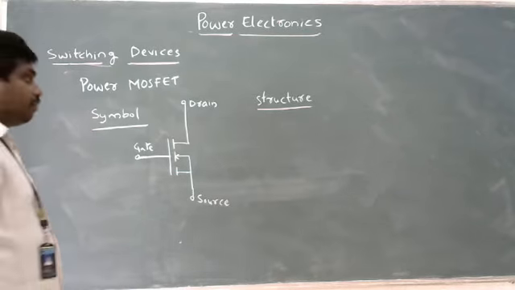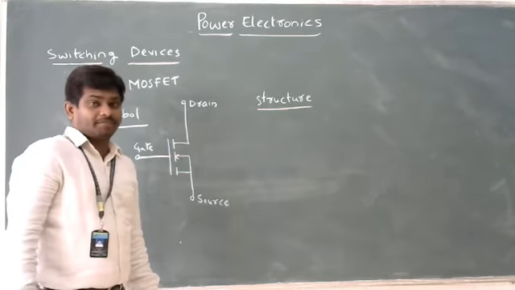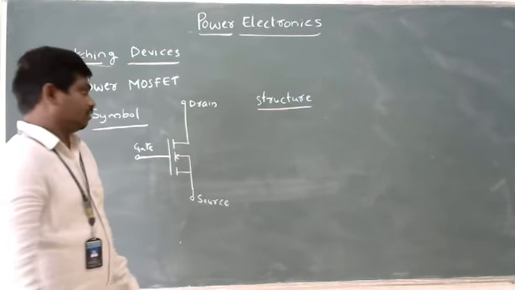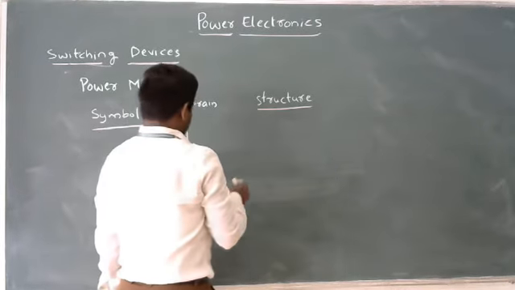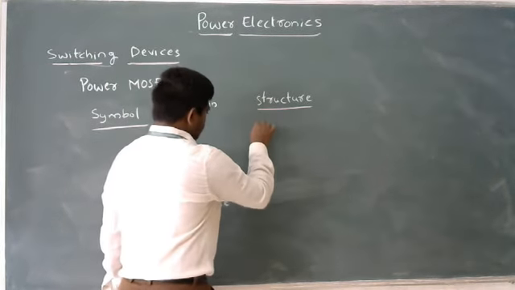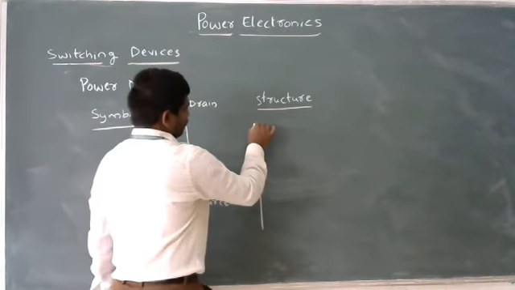We'll see the structure of power MOSFET and normal MOSFET. We'll compare both of them to see how they differ from each other. See, this is my P-type body.